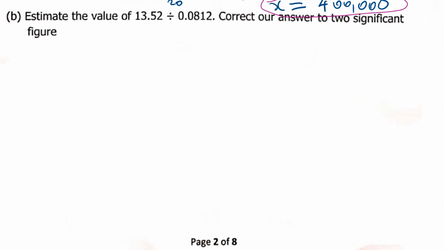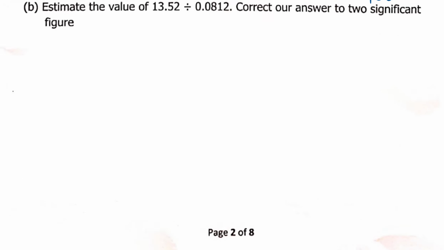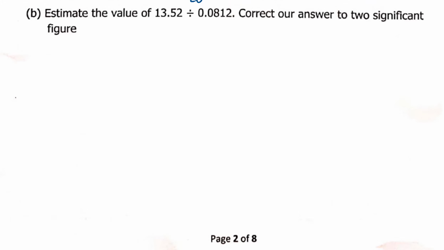Estimate the value of this expression. We're supposed to estimate now the value of this expression. 13.52 can be approximately equal to 14. 0.0812 can be estimated to be 0.08.